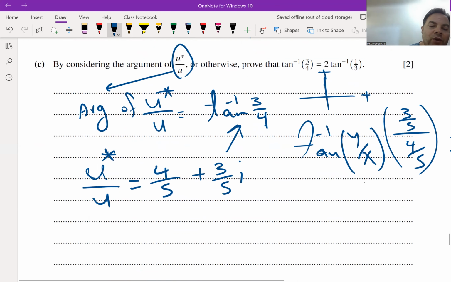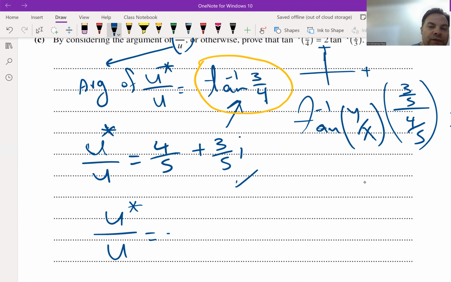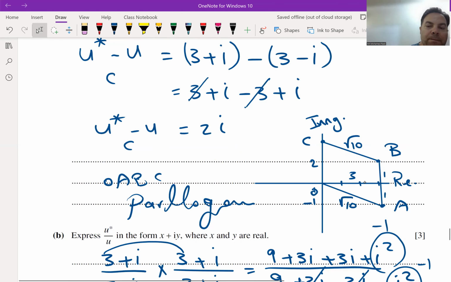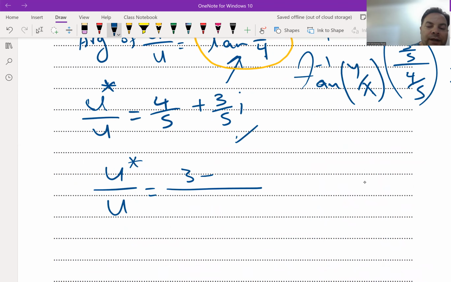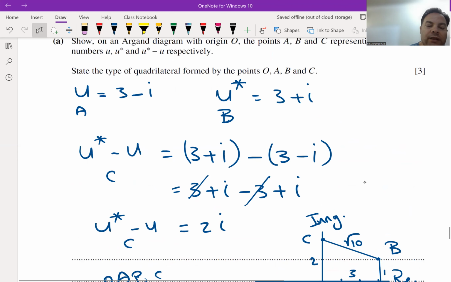After writing u conjugate over u in this complex number and getting its argument, it's tan minus 1 of 3 over 4. But we'll go back again to the complex number u conjugate over u before simplified. Before simplified, u conjugate is 3 plus i, and u is 3 minus i.